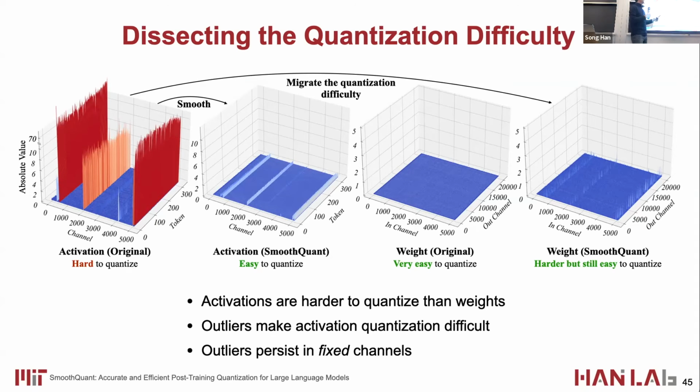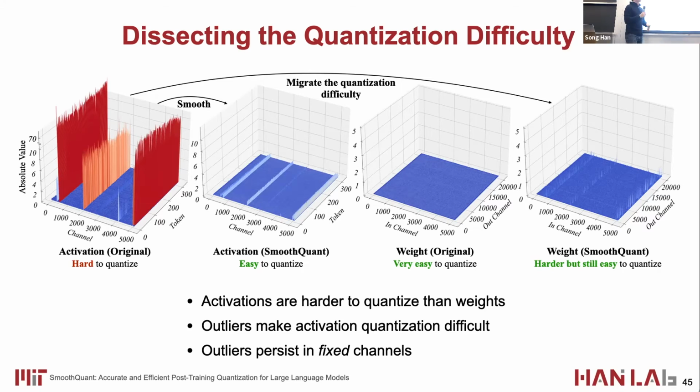We can see for certain channels that used to be pretty big, after smoothing they become much smaller. On the contrary, the weight becomes bigger in those channels that have big activation.